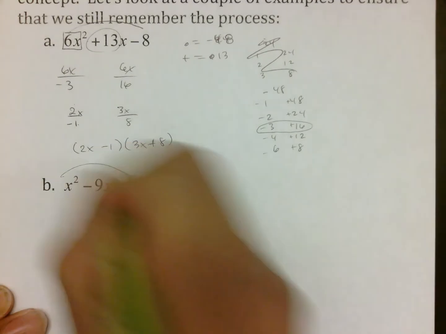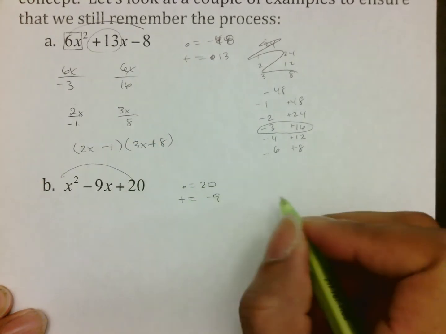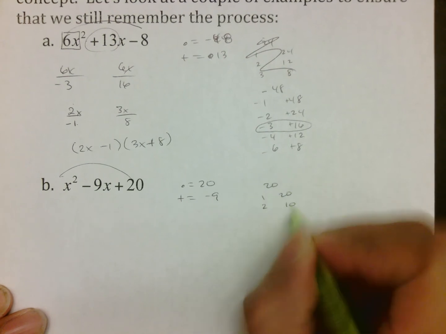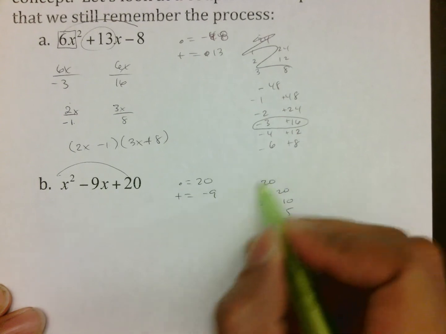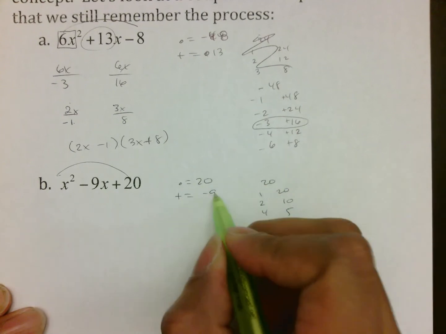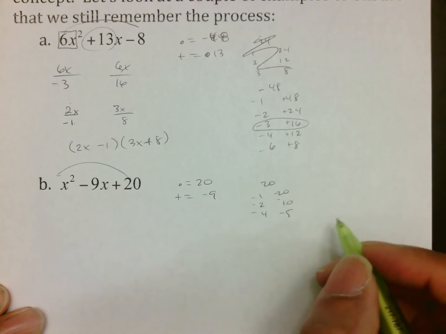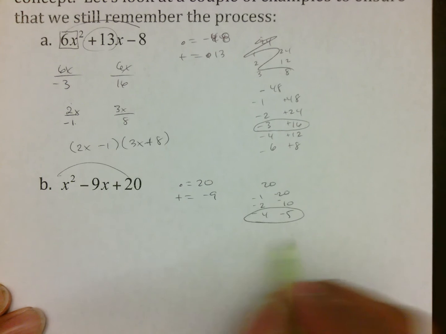B, here we're looking for numbers that multiply to be a regular 20 and add to be negative 9. And so we make our tree for 20 as 1 times 20, 2 times 10, and 4 times 5. The fact that it makes a positive 20 means the signs are the same. The fact that it makes a negative 9 means that everything should be negative. And so you end up with your numbers being negative 4 and negative 5.